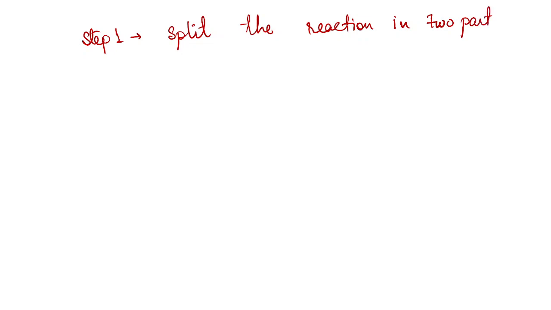Similar to the previous one, here also we have certain steps. Now what are those steps? See, step 1 says that we have to split the reaction in two parts, where the first part will be for oxidation and the second part will be for reduction.